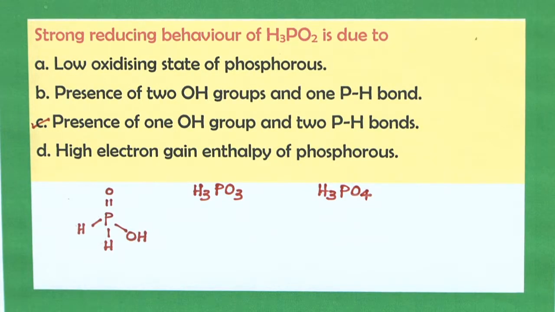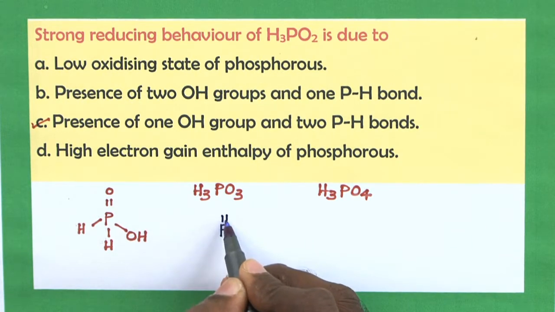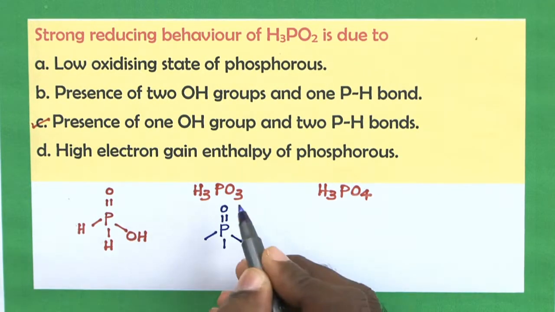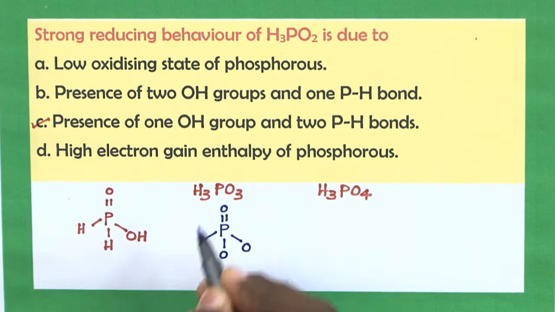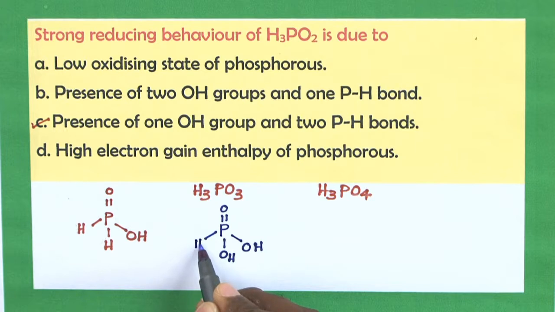I have H3PO3, I write it as phosphorus, double bond oxygen. I am aware that it has 5 bonds. There are totally 3 oxygen. I have used up 1, the remaining 2 I have filled in. There are 3 hydrogen atoms, therefore I fill them up. Thereby, I get 1 P-H bond.